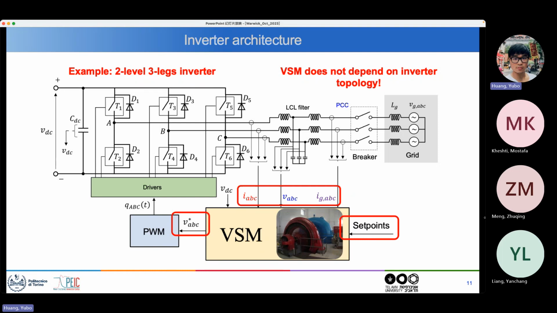In this example, it's a two-level inverter. It has a conventional LCL filter at its output, so everything is as usual. We have the drivers for the switches, and we have the PWM generator, and the VSM is actually only a change of algorithm that gives the reference values to the PWM generator.